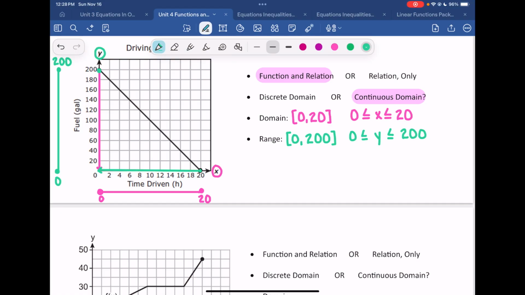Okay. So just as an aside, looking at this domain, so we said it's continuous. The types of numbers here, they are not just integers. They're really all the real numbers between 0 and 20. So if you were asked to describe the types of numbers in the domain, it wouldn't be all real, sorry, let me take that back.